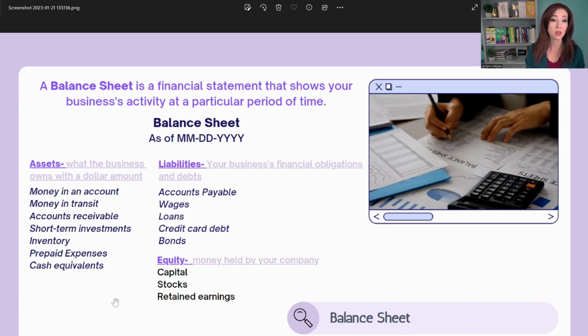We have assets. That very simply is what the business owns that has a value or a dollar amount. And then we have liabilities, which is your business's financial obligations and debts. And we have equity, money held by your company. And here are some of the simple things that are listed. They're not exactly the same in our assignment, but it gives you a general idea of what would fit into these categories, which include for assets: money in an account, money in transit, accounts receivable, short-term investments, inventory, prepaid expenses, cash equivalents, land, buildings would be considered part of inventory and assets as well.